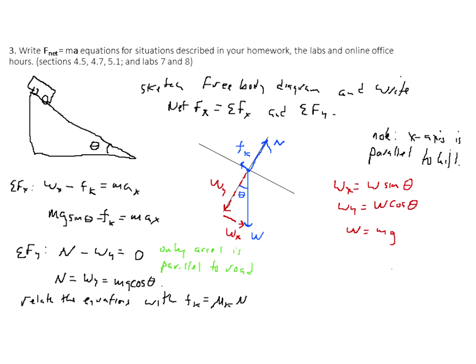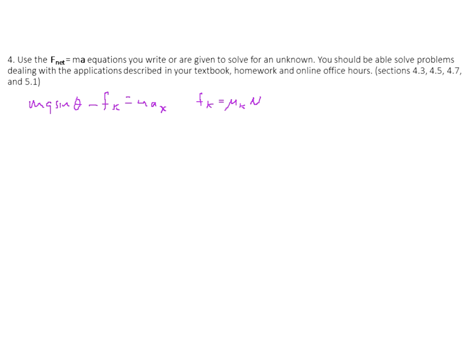We also know that the normal force is mg cosine theta. So F sub k equals mu sub k times mg cosine theta, and then we can plug that in up above.